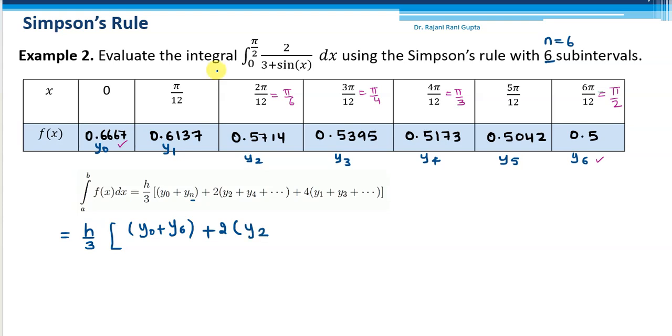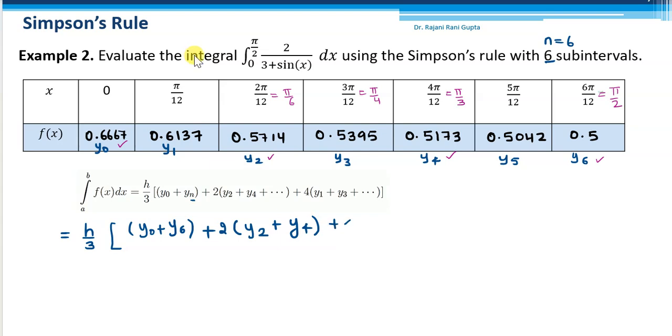y2, okay, fine, plus you have y4, and then you have y6, but y6 is already used, so you are not going to use it here again. So it contains only 2 points, okay, clear?